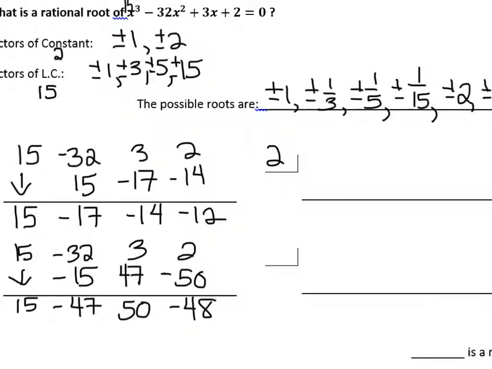So we know our coefficients are going to be 15, negative 32, 3, and 2. And remember, we're looking for when we get a remainder of 0. Bring down the 15. 15 times 2 is 30. We're left with a negative 2.